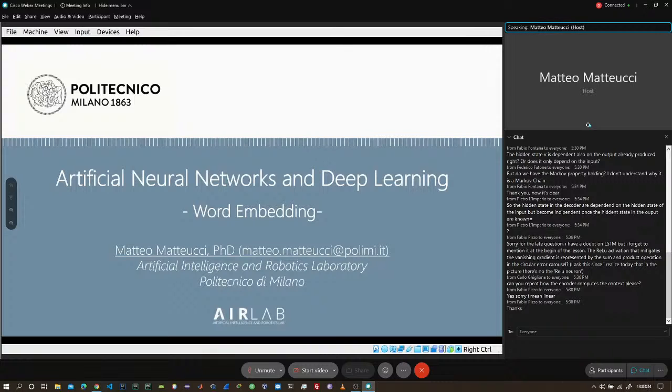Now the question is, how do we treat sequences of words? To do this, we have to encode words, and this is what is done nowadays with word embedding. Encoding words is not a new task.